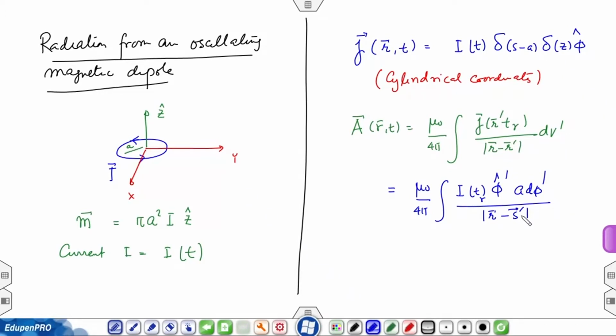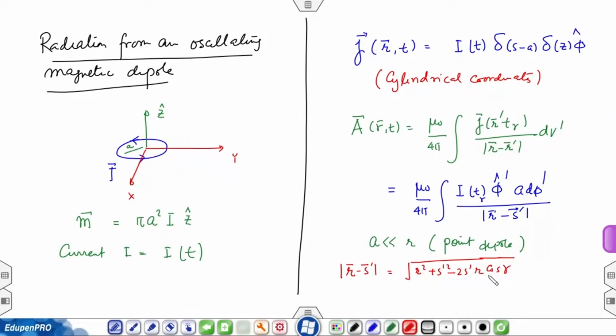Now, again, since we are calculating at retarded time, we have to calculate modulus r minus s prime for the radiation zone. Remember, we are taking a to be much smaller than r, because finally, we want to make this point dipole approximation. So, modulus r minus s prime is going to be equal to square root of r squared plus s prime squared minus 2 s prime r cosine of the angle between r and s.